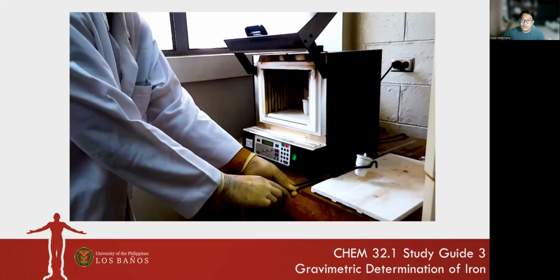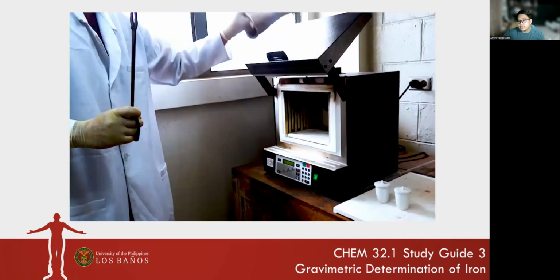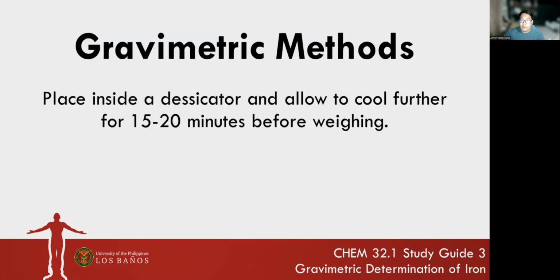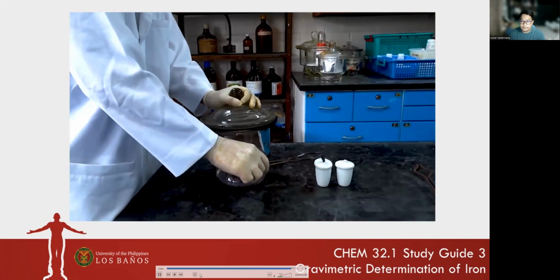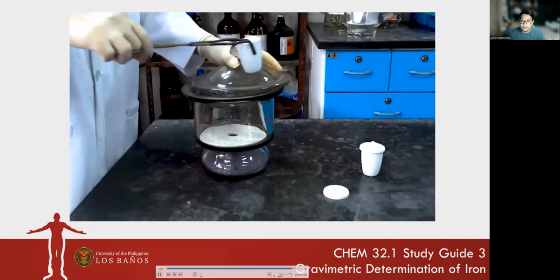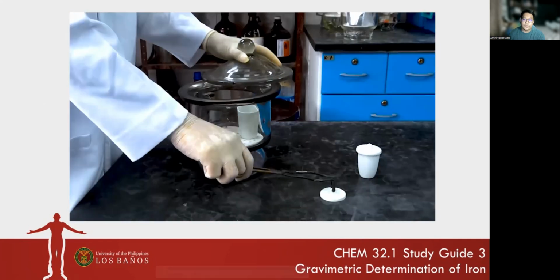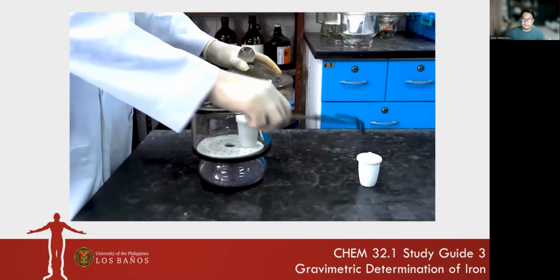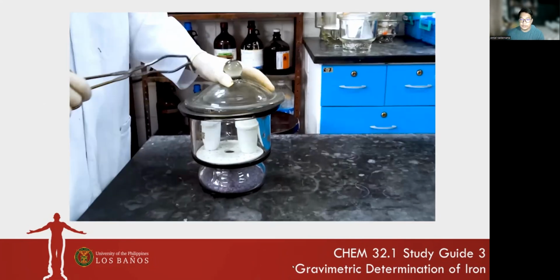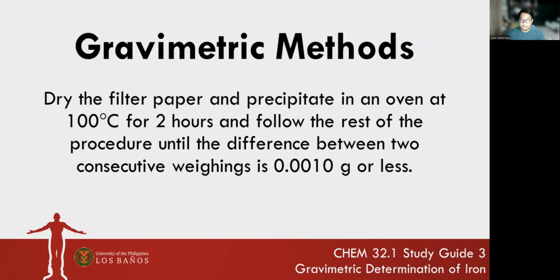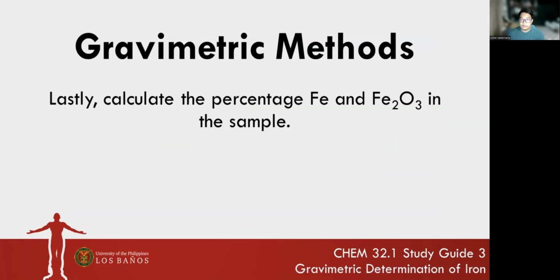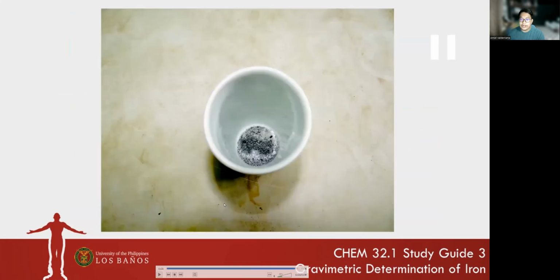We will get the constant mass of our sample as a form of weighing the final product. And then you will have to transfer it in the analytical balance and wait for the final weighing. And this is the illustration of your ash after ignition.